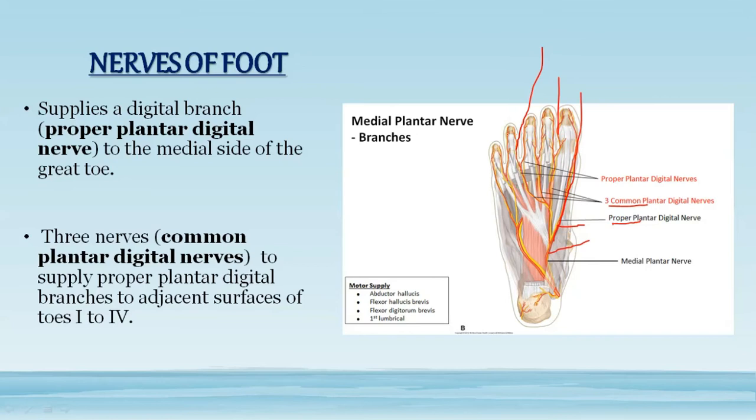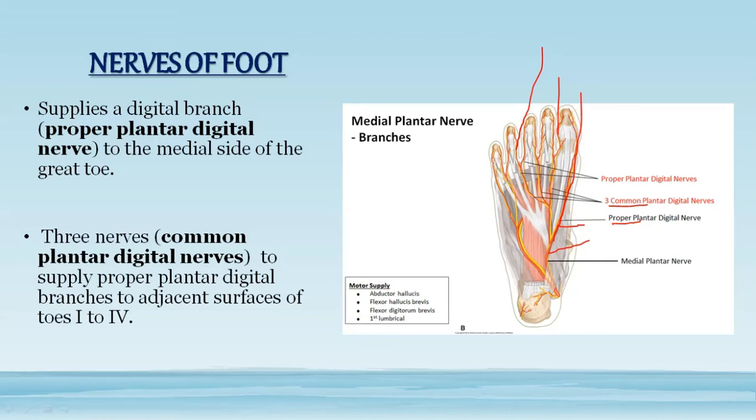digit. The remaining digits. Which remaining digits? Lateral side of the fourth digit and the whole of the fifth digit. These sides of the fourth and fifth digits are supplied by the lateral plantar nerve. Clear?